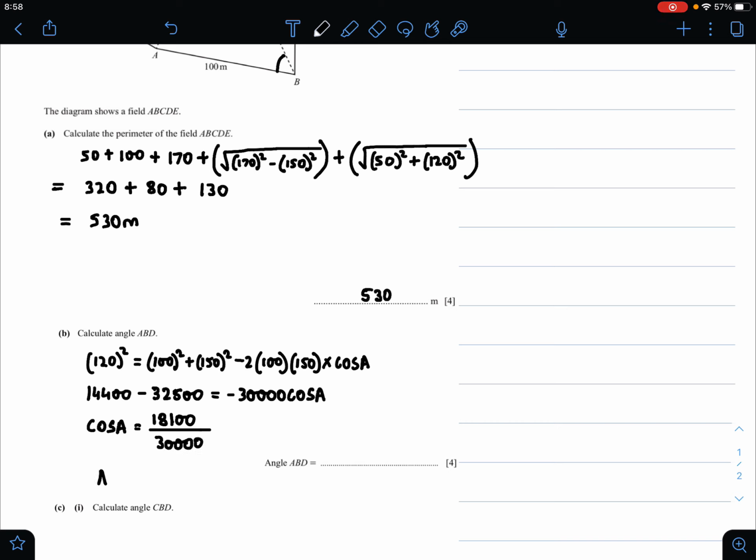So therefore A would be equal to cos inverse of this fraction, because when you take a function to the other side of the equation, it becomes the inverse of the function.